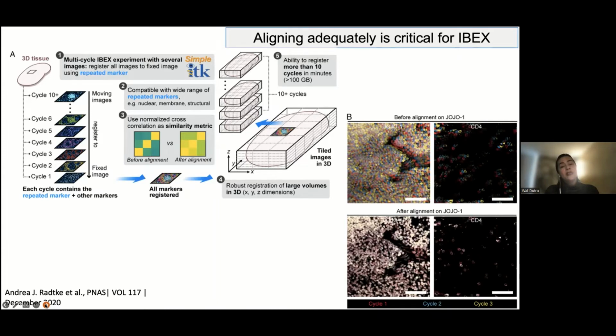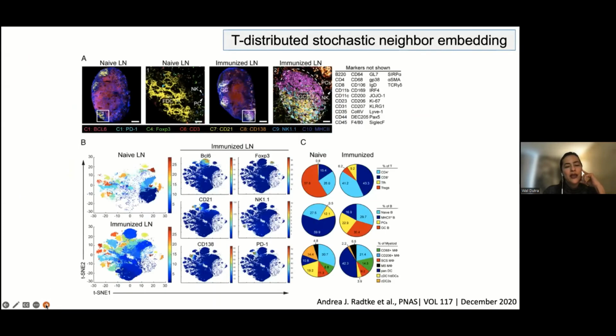The danger with that is that if you don't acquire in approximately the same region for everything, perhaps sometimes you can align correctly with the software, but you're going to lose a lot of tissue that is non-aligned if you acquire in regions that are very, very different, right? So it's important to be aware of these things. This is all really well explained in Andrea's paper, and we are also writing our own paper to describe all this methodology that we've established there.